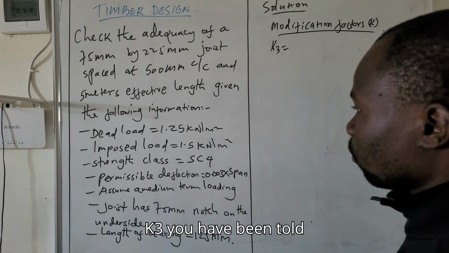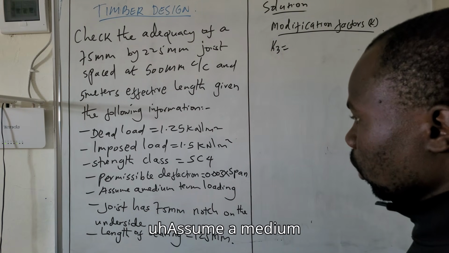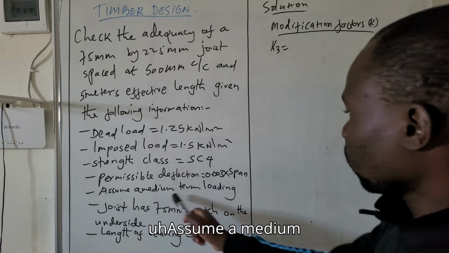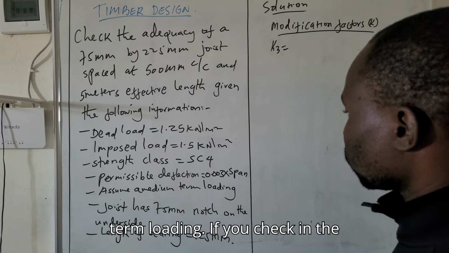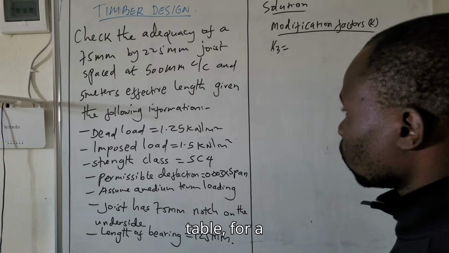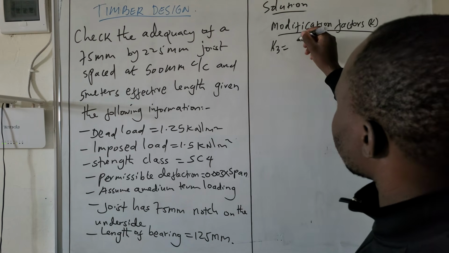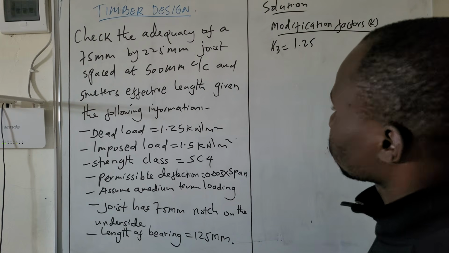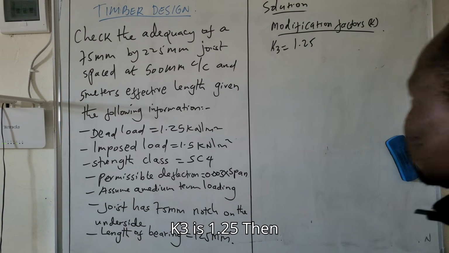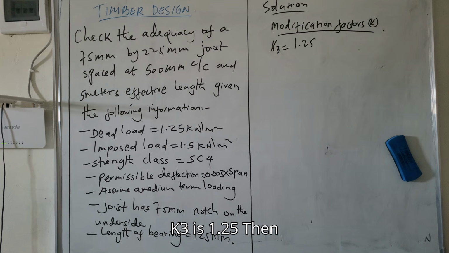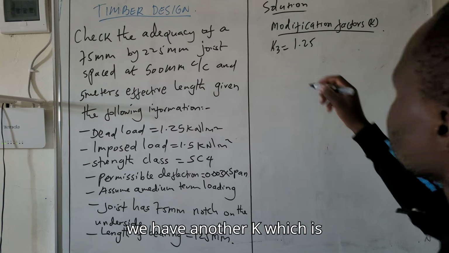K3, you have been told assume a medium-term loading. If you check in the table, for a medium-term loading, K3 is 1.25. Then we have another K, which is K7.